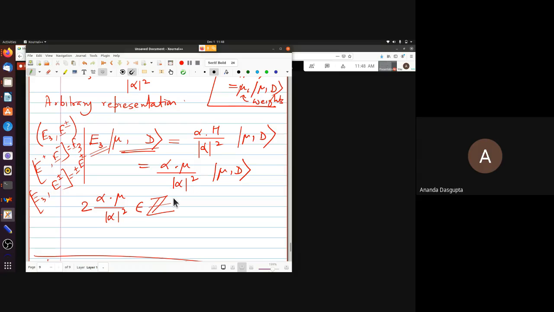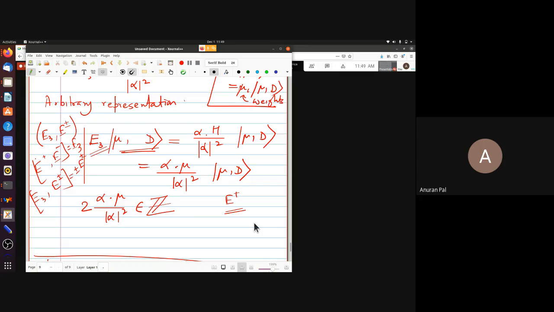Because E plus is going to raise the E3 eigenvalue, you agree? E minus is going to lower it. So unless the action of E plus and E minus both ended, you're going to get an infinite number of states.